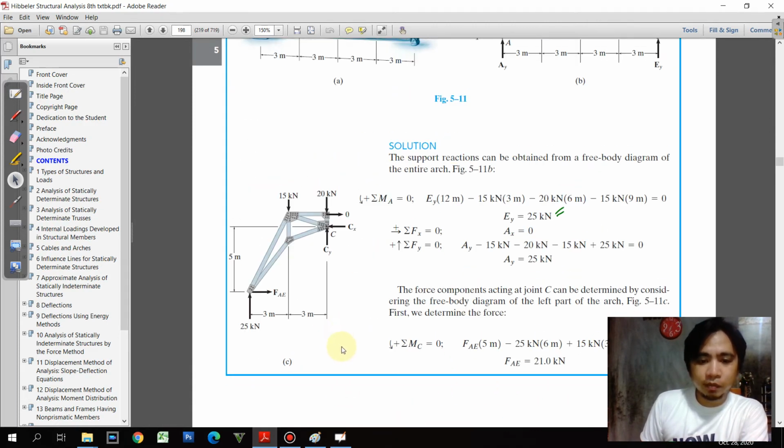So we just take moment at C here. We have summation moment at C, so this is C. So 20 has no moment arm.